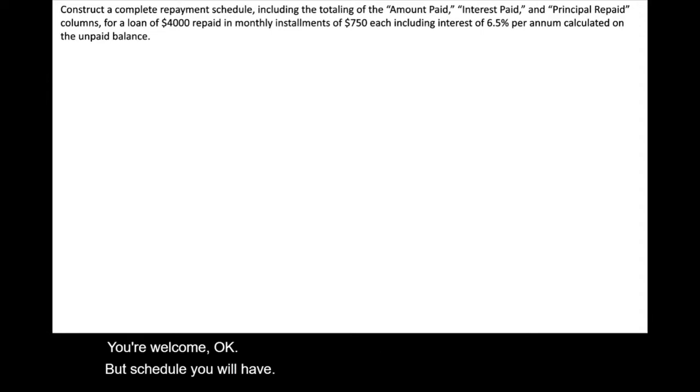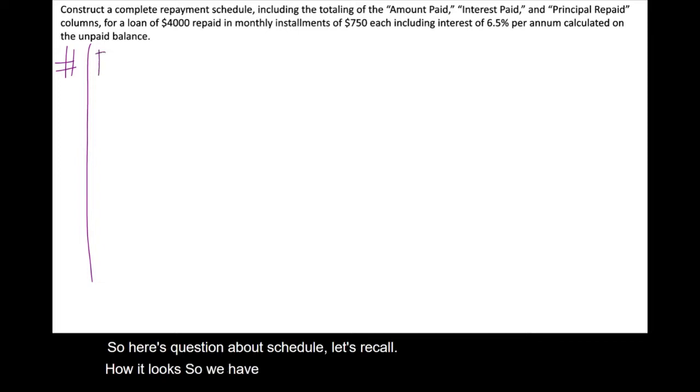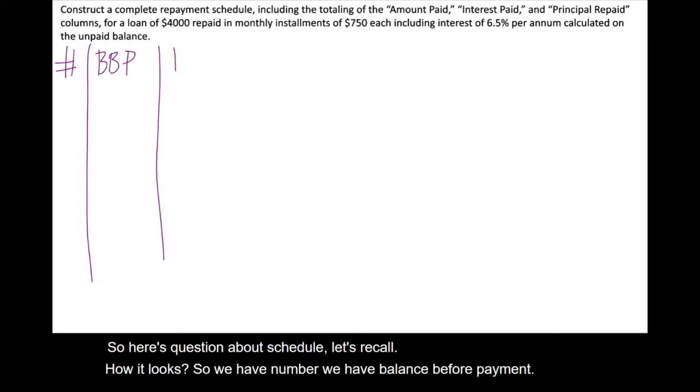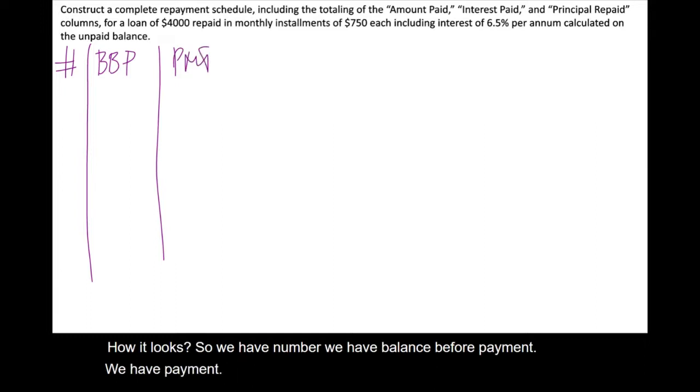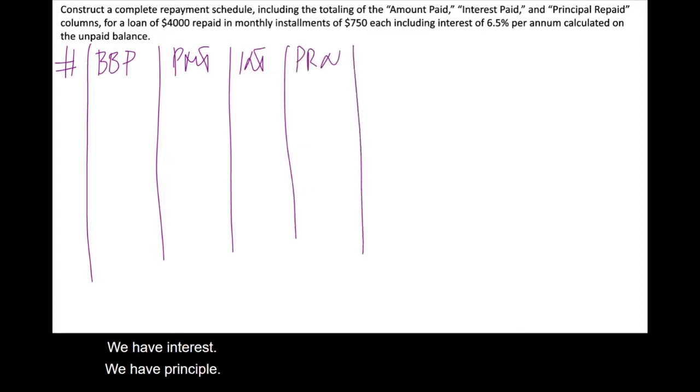So here's a question about the schedule. Let's recall how it looks. We have the number, the balance before payment, the payment, the interest, the principal, and the balance after payment.